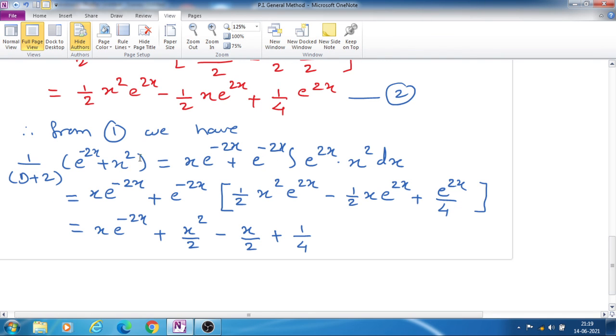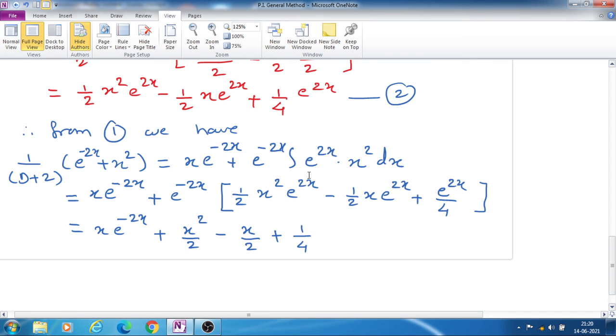This is the original equation, our above equation number 1, and here we put the value of this integral e raised to 2x x square. Here we have calculated it, so we substitute that value here, and then this is our equation.